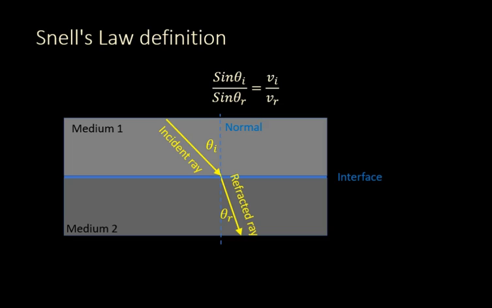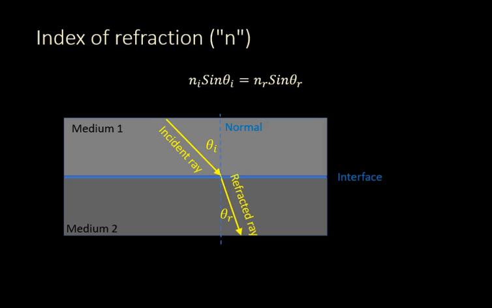While we can express the law in terms of the phase velocities, these velocities are not measured directly. Hence, we express the law in terms of a different constant that is based on the properties of the material, known as the index of refraction, denoted by lowercase n.